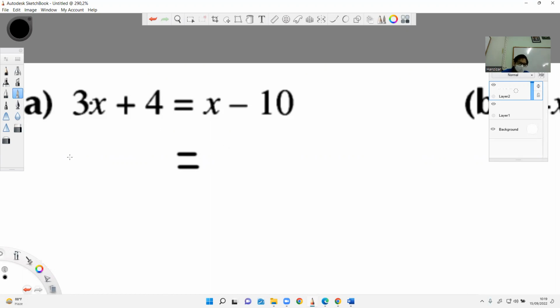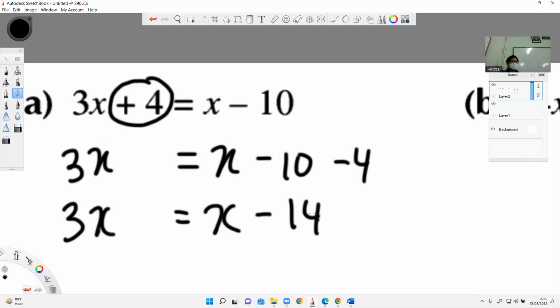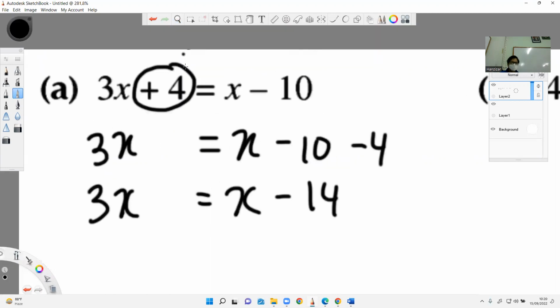Equals, like, understand? Negative 4. Negative 10 minus 4. What next? Because you have x on the same hand side. So how about this?